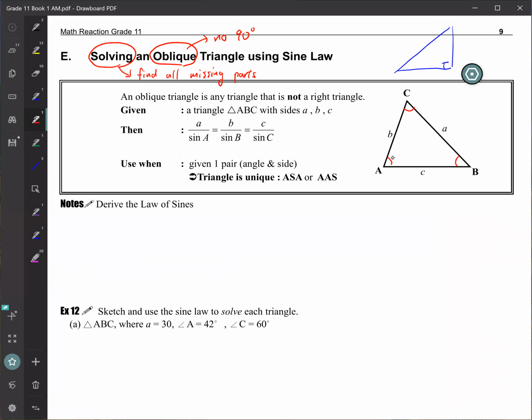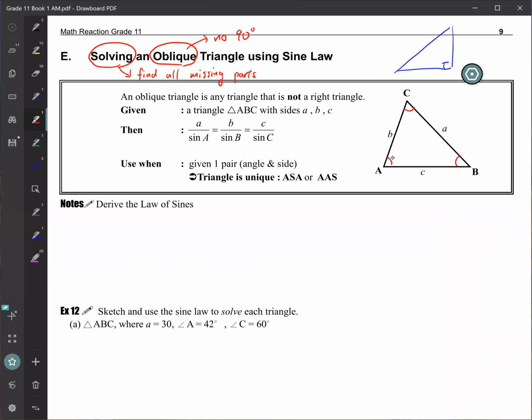The sides that's across, they use the lowercase, right? Across from angle A, they use the lowercase a, that's the side. Across from B, that's side b, and across from C, side c. So remember that capitals are used for angles, okay? Lowercase are used for sides, and usually they are paired across, okay?